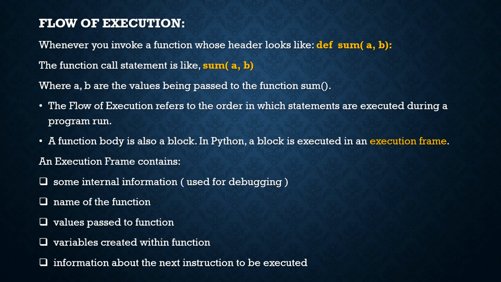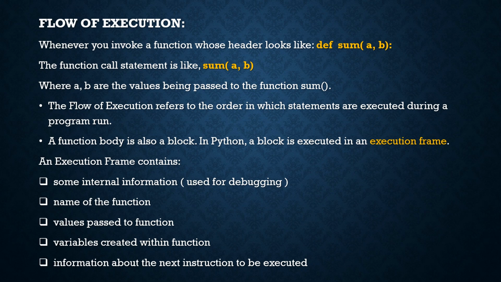Immediately after the function header there is the function definition, and function call means passing the control from the function call to the function header, where a, b are the values being passed to the function sum. That means we are going to pass two values to the function.